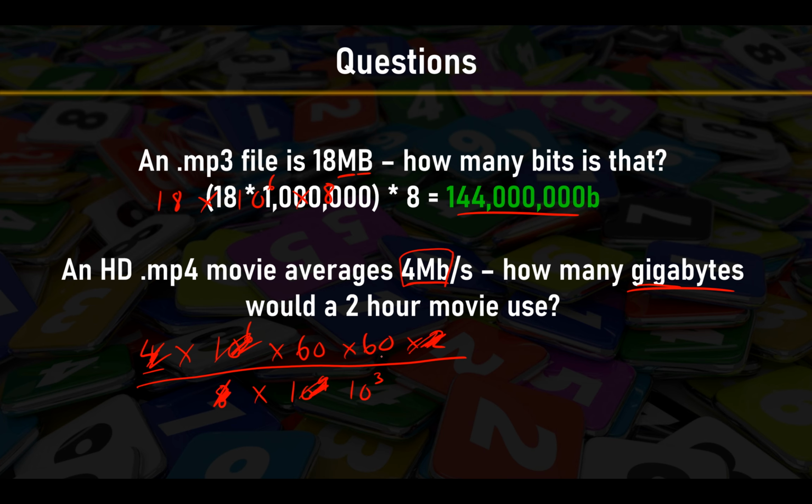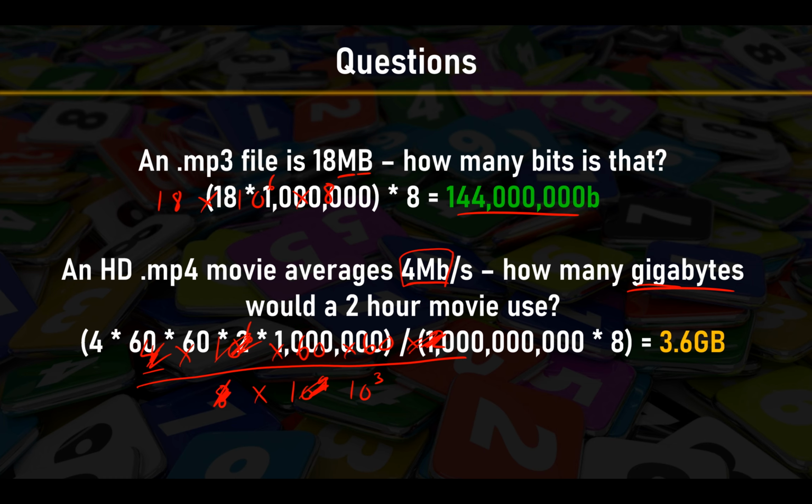And then what we've just got is 60 times 60, divided by this. Probably you can try that calculation, although in the exam they wouldn't give you numbers that are this difficult. Now, if you do this, and I'm probably just going to erase that in a minute, that should give us 3.6 gigabytes for the whole 2-hour movie.